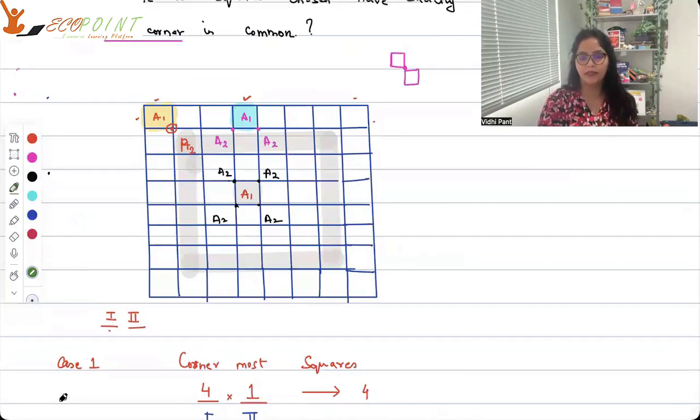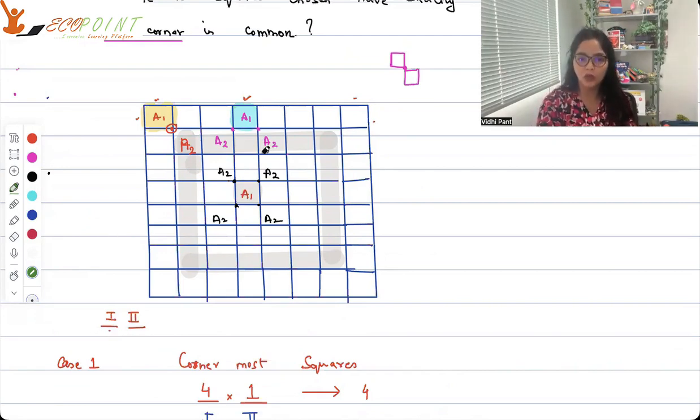But notice something here. The way I have calculated, order matters. I have calculated it using permutation, where order matters. Because in this calculation, I am saying first square, then second square.